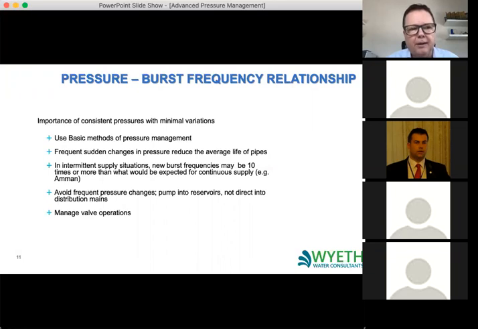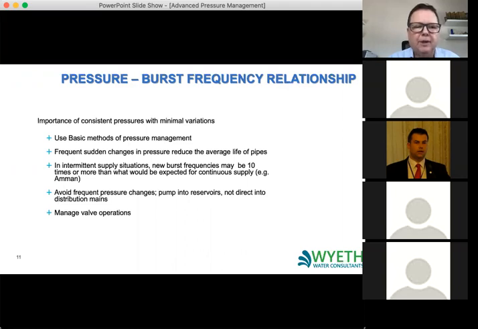To stop that, we need to start looking at how we reduce those transients in our network. The basic methods of pressure management, like putting break pressure tanks in, pressure reducing valves, that sort of thing, are going to help to get rid of some of those transients in the network, especially over long pipelines.